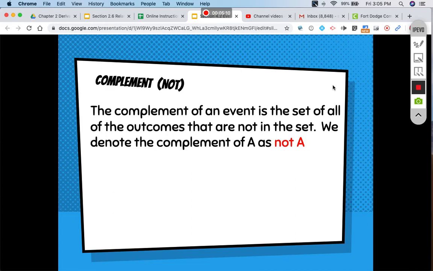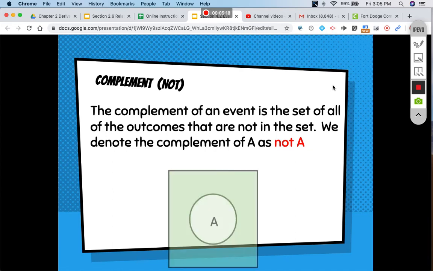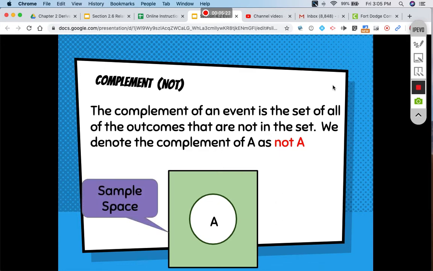They're complementary angles. The complement of an angle is whatever's left over to make it up to a line. It's whatever's not in that angle. So we often say not A. So this would be our Venn diagram. You notice we didn't shade inside the circle, we shaded outside, because we want everything that's not in our event.